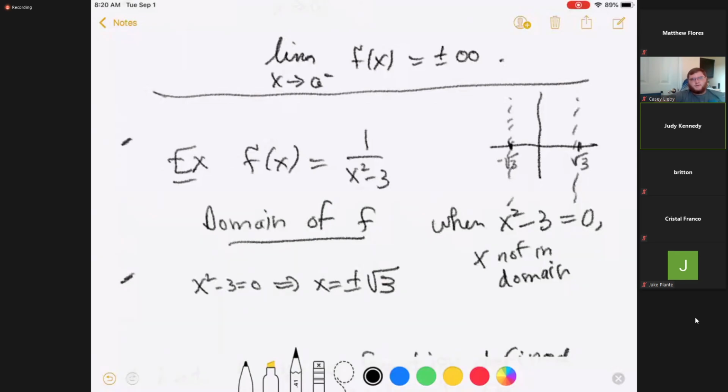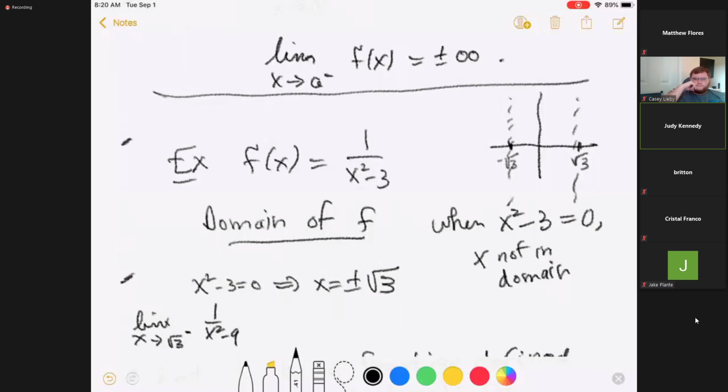And as x comes into the square root of 3 from the left, I would get numbers that are close to 9, but less than 9.